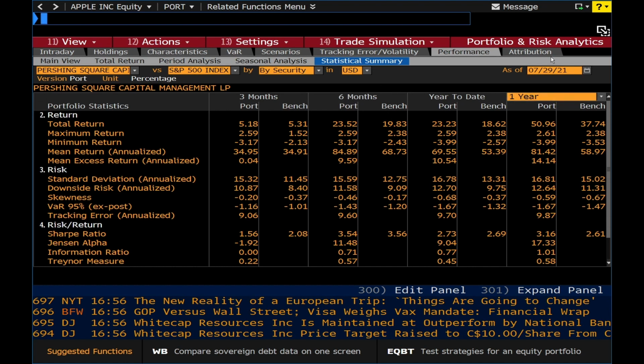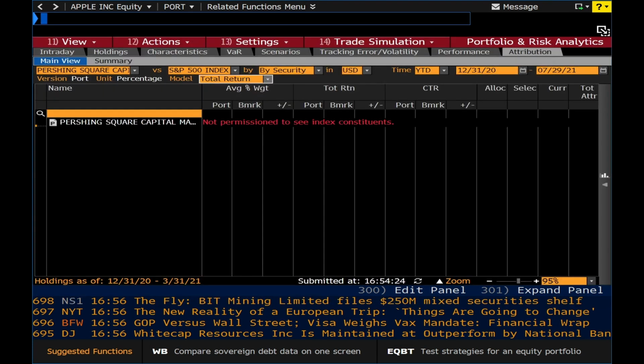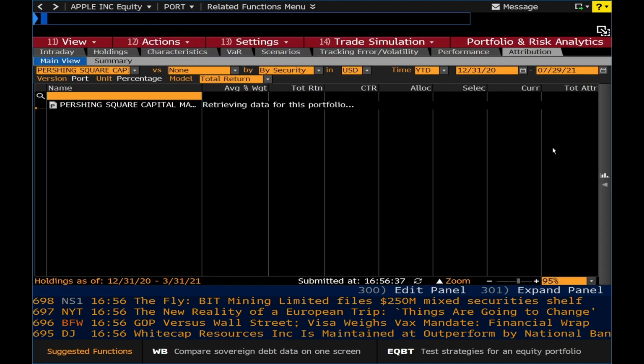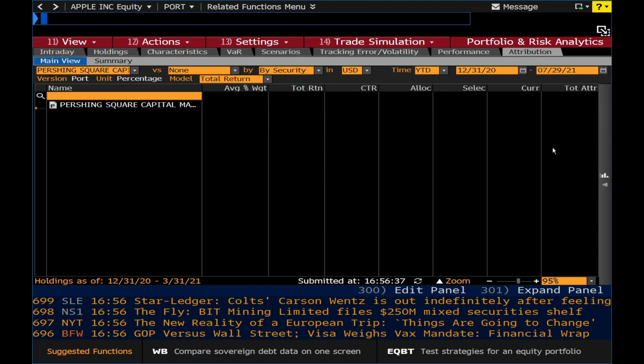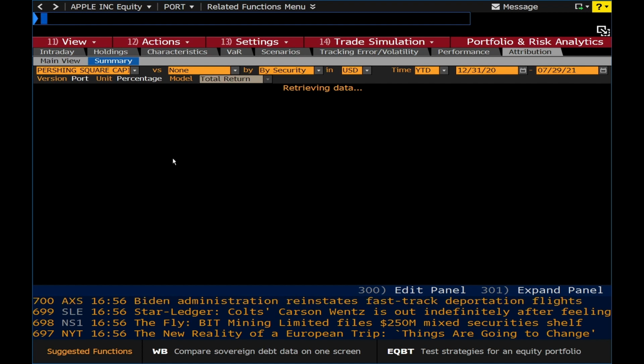Okay, and then we can go to attribution. Just take a look at that quickly. It doesn't look like it's going to show us anything, but that's okay. We're not really missing out on a whole lot here.